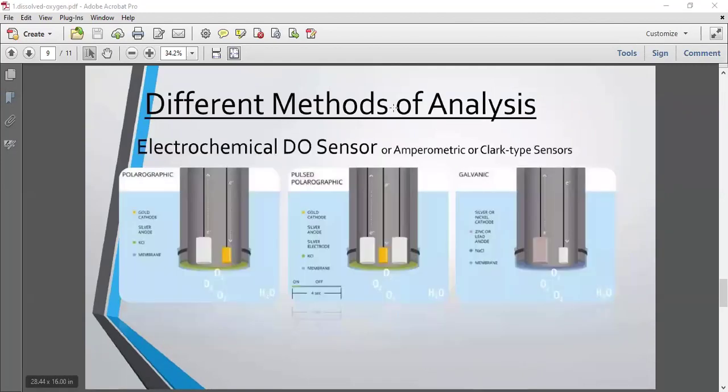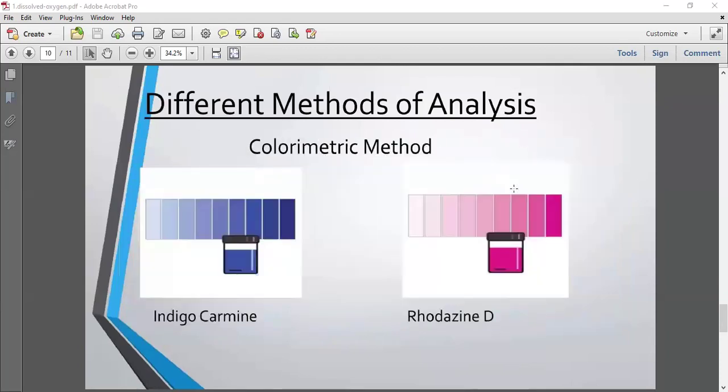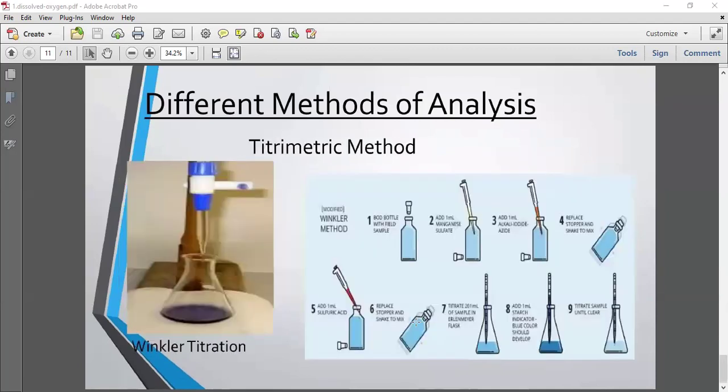Different methods of analysis: electrochemical DO sensor, atmospheric or Clark type sensor. Indigo carmine, rhodamine. Titrimetric method.